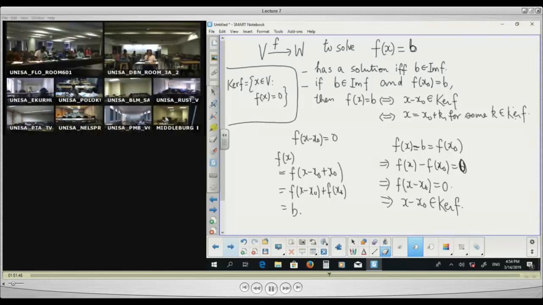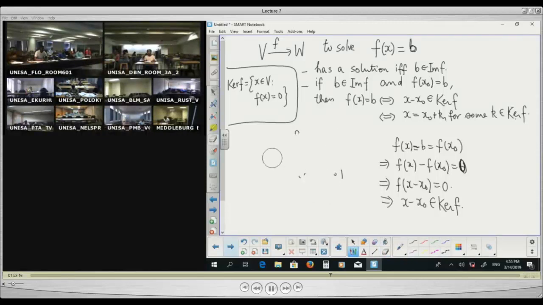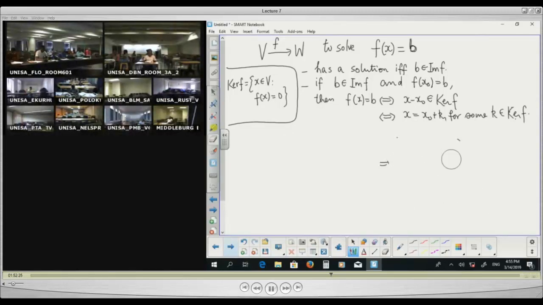Now you see, we have a very, very quick way to tell all about linear equations. Why? For this linear equation, how do I solve it? What are the solutions? First I ask whether B is in the image of f.